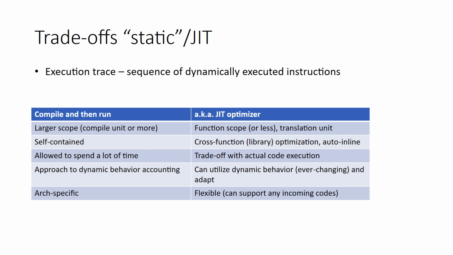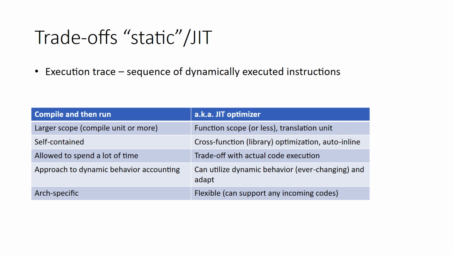It's definitely at least a function scope, and it can be several functions. If, for example, we have several intertwined calls from one function to another, it's able to spot that and optimize for that by inlining functions. I mean, inlining is just copying the body of one function into the other, eliminating thus the function call, which may speed up things.